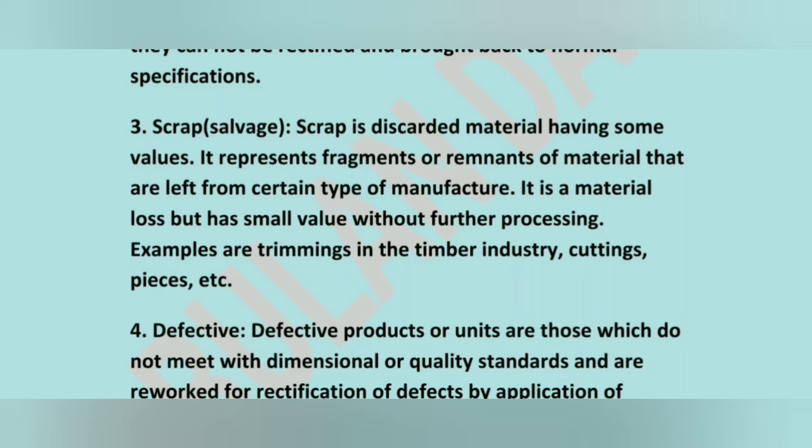The next, the last point, is the defective. Actually, students, defective units are finished goods. Suppose something went wrong during the process, but we thought the problem was not that big, that we would not be able to sell the finished goods. So we said, let it be made.